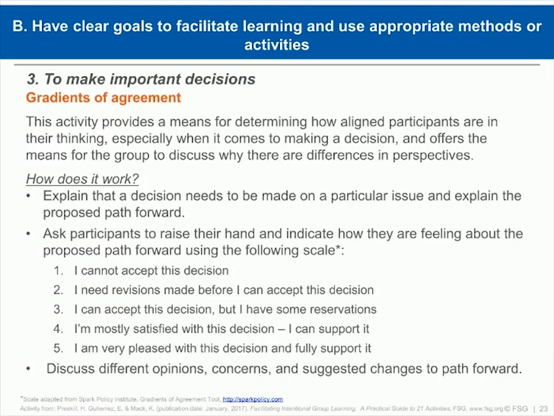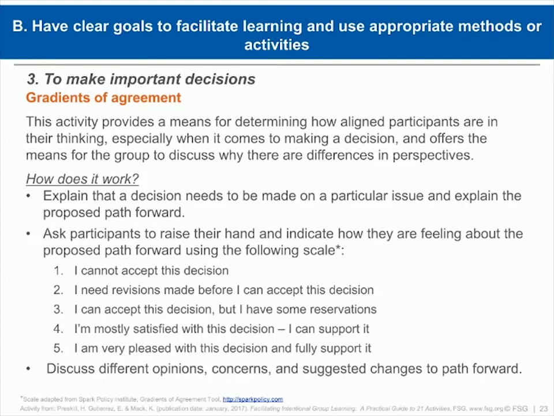So if there is a decision that needs to be made, you explain that decision, the process of this activity. You explain what the proposed path forward is, and then you ask participants to raise their hand to help you see if they agree with the decision using the scale that you can see on your screen.